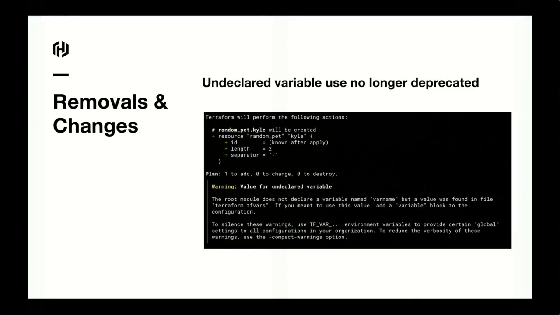There is no plan to deprecate it, no plan to remove it. We do still want users and practitioners to heed the warning that was introduced in Terraform 0.12, which was largely about helping you understand that you might have made a simple spelling mistake, that your configuration calls for one variable and your value file defines another, and giving you the opportunity to rectify that potential issue.